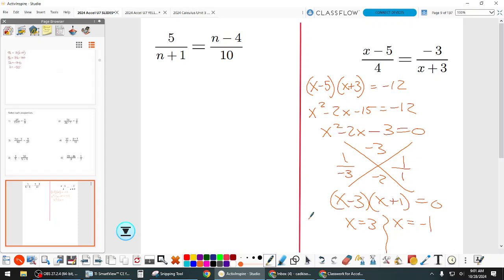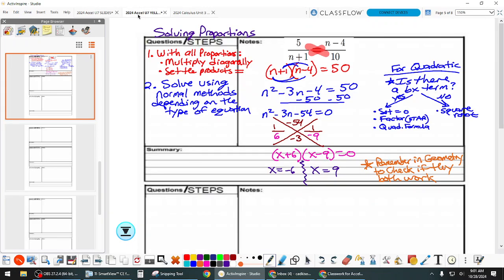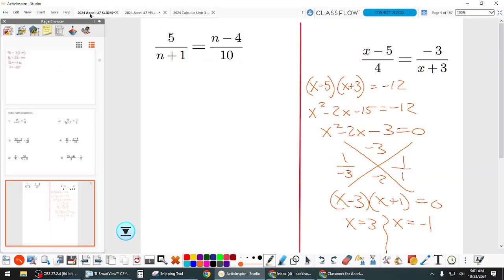Okay, so he's asking whether both solutions, on our example just now, will both work. Algebraically, yes, meaning these will both make these two ratios equal. But in geometry, we can't have a negative side length, so the negative one wouldn't make sense because this would be saying that side length is negative.